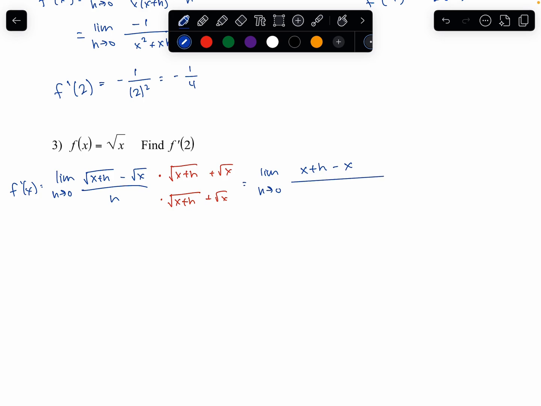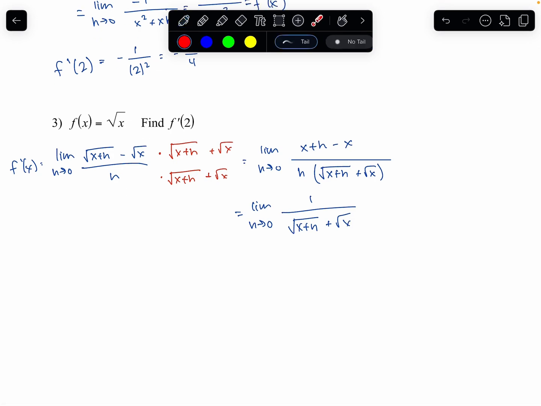All over, we have h times the square root of x plus h plus the square root of x. And you can kind of see this unraveling here. Those are going to cancel, which means I'll be left with h on the numerator, which can cancel with that factor. So ultimately, we'll just have the limit as h approaches 0 of 1 over the square root of x plus h plus the square root of x.